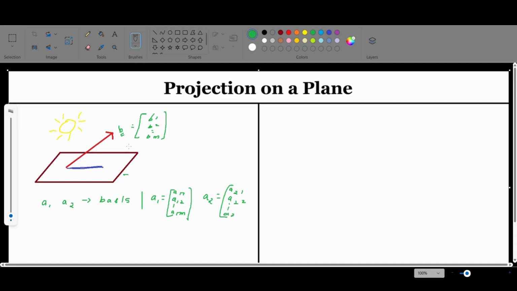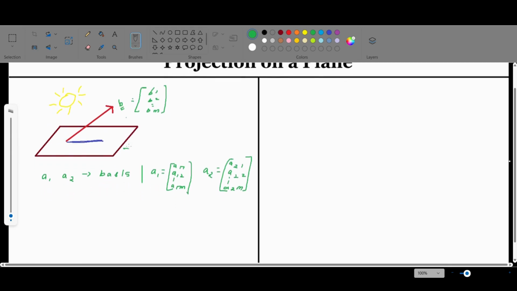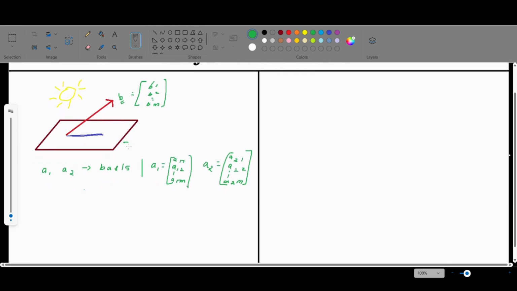Therefore, we can say that some linear combination of A1 and A2 will also give us the shadow of B on the plane. Therefore, let's define the shadow this way. Let's say that A1x1 plus A2x2 is equal to P, or the shadow of the vector B, or the projection of vector B.